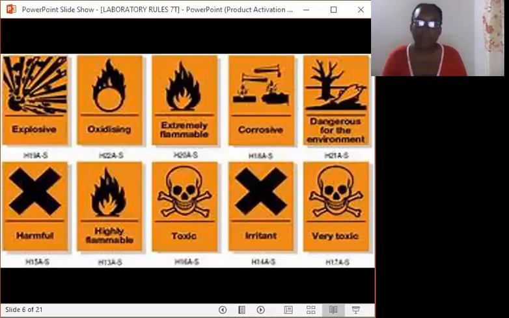So we'll begin by talking about that symbol we have there, which is an explosive, and everyone should know this one.